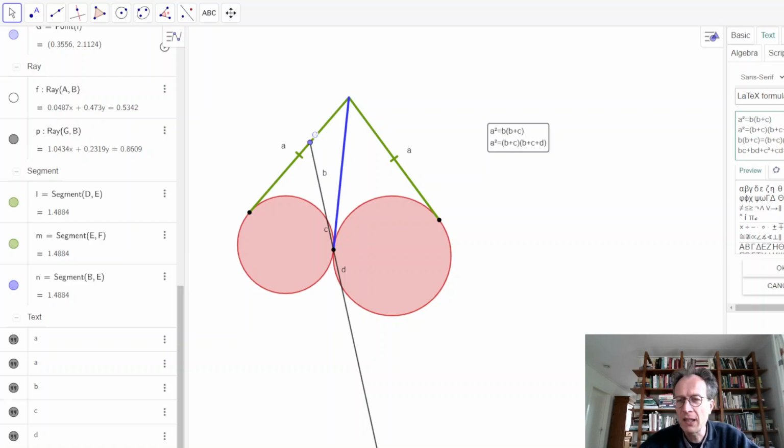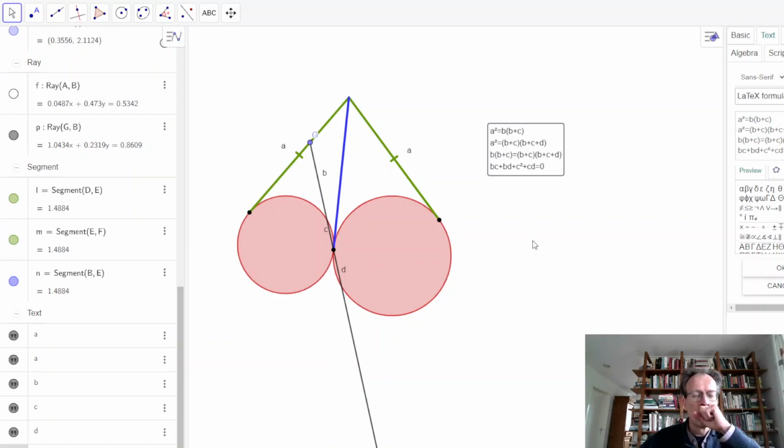So that's basic factoring out. Let's see if I've done it right. Apparently that's not correct, so it cannot be bc. Oh no, that's correct.